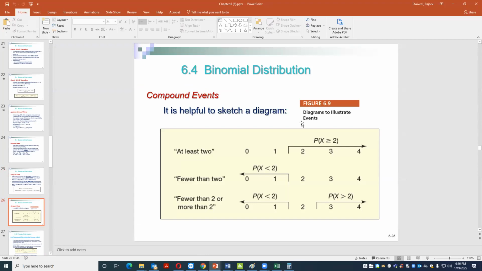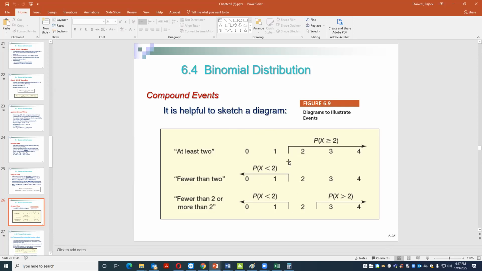This slide gives you all the answers. It gives you a clear answer about which x value needs to be used. If you visualize or keep these things in your mind, no problem will be difficult.